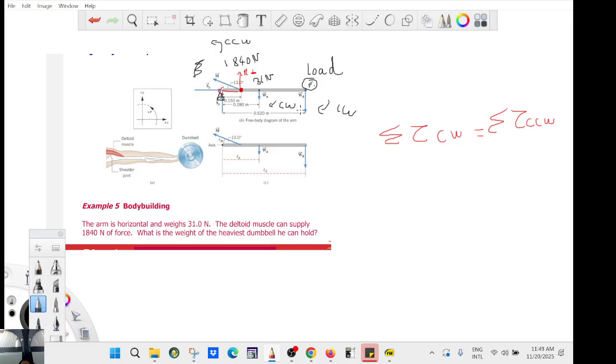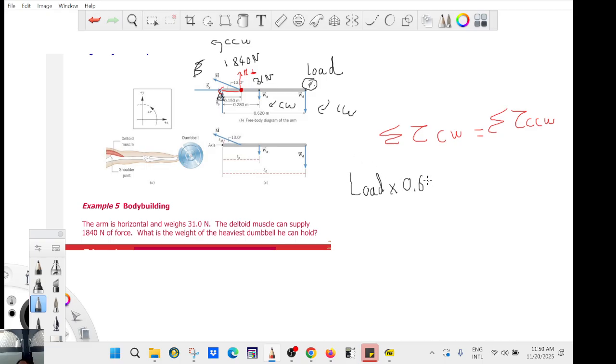So clockwise will be the load, L, times the distance, right?